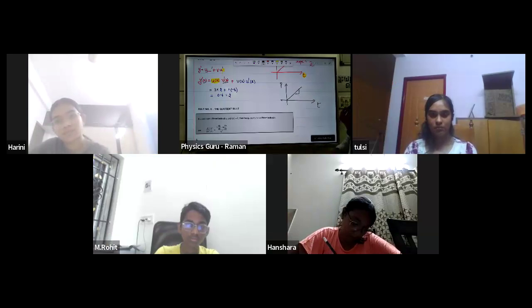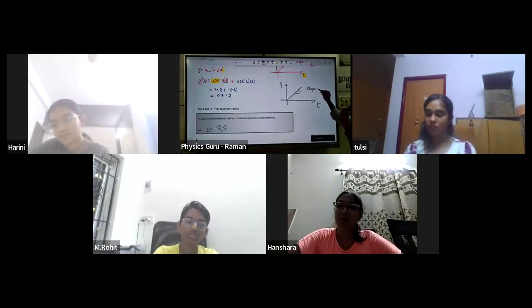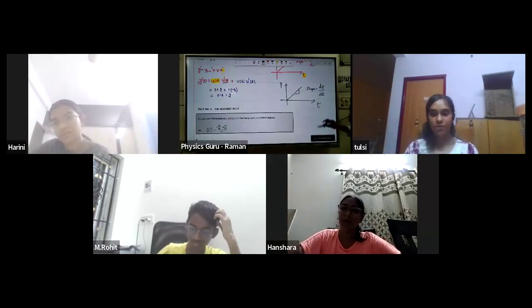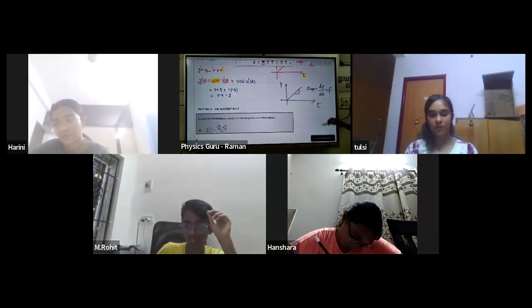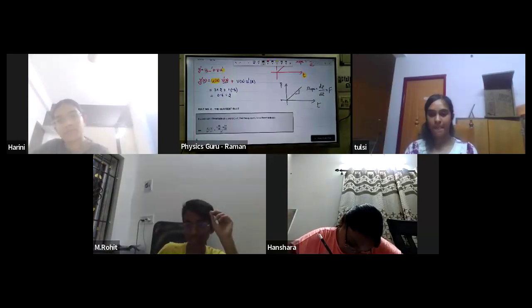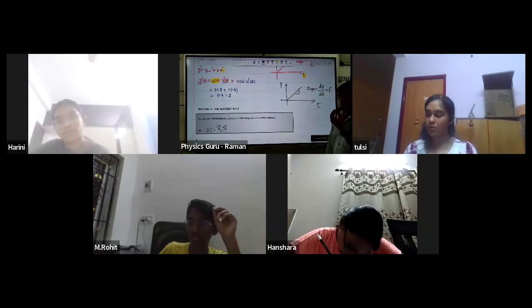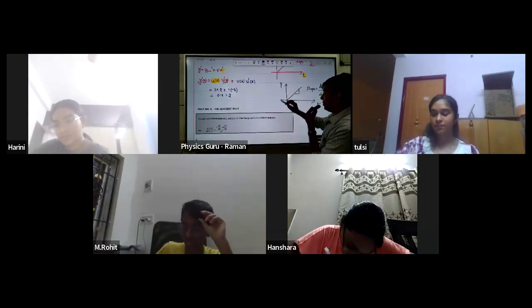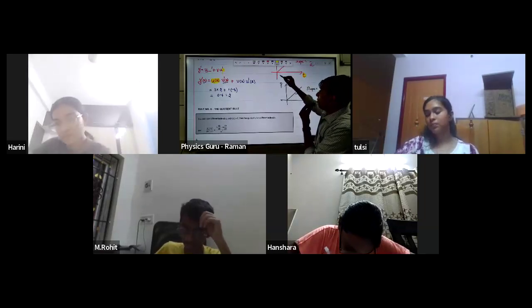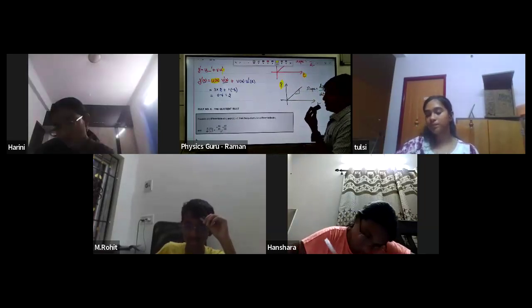What do we call the slope? Slope is equal to change in momentum by change in time. What do we call this quantity? Force. Am I right? Since you saw momentum as a single quantity, there is no confusion.